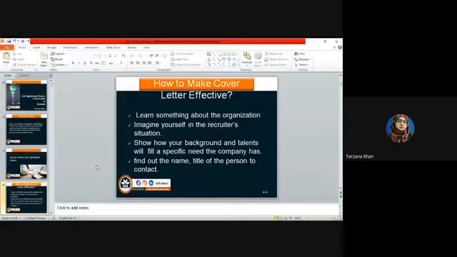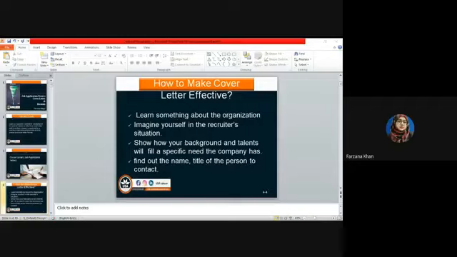That's why it's very important to learn about the cover letter and how you can make it effective. There are some tips which are very important. The purpose of your resume is to get employers interested enough to contact you for an interview.